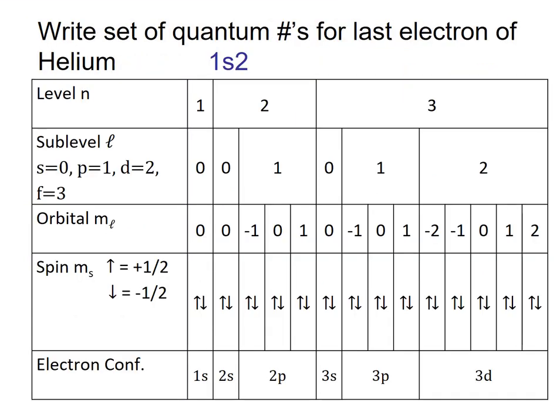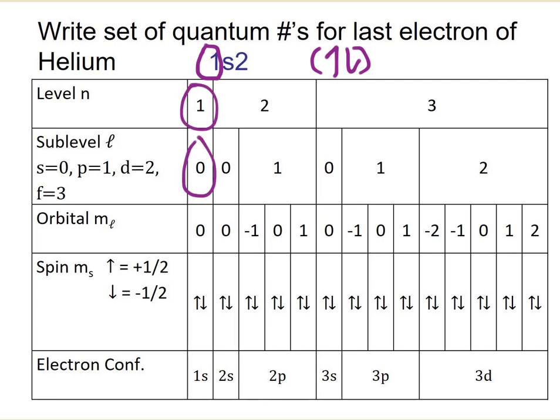Let's practice doing a few more quantum numbers, and this chart is in your packet, which you can use just to help clarify things. Let's look at helium. So helium 1s2, I can do the orbital diagram, which looks like that. So my principal quantum number is 1, and if my principal quantum number is 1, the only choice I have is an s. An s is given the code of 0.